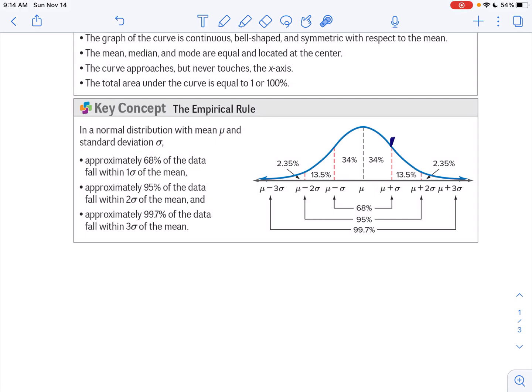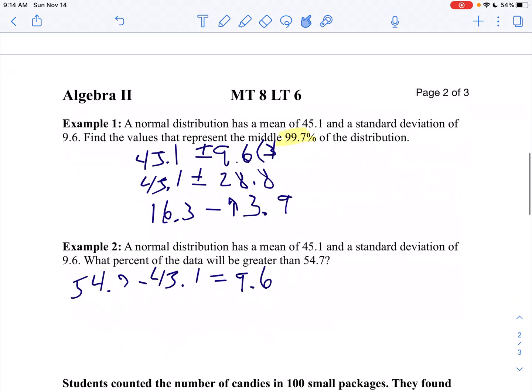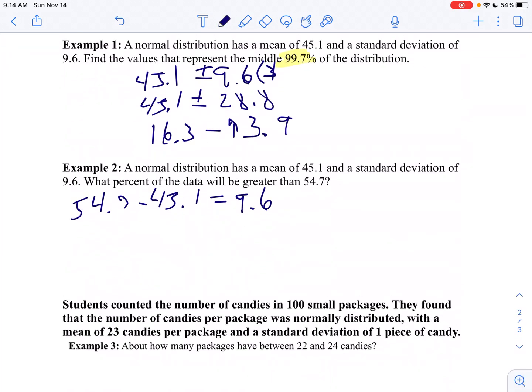So if I take 100 minus 68, I get 32. Now, but I'm looking at just to the right, greater than 54.7. This is to the right and to the left, so I'm going to divide that by 2. So 16% of my data is going to be greater than 54.7.